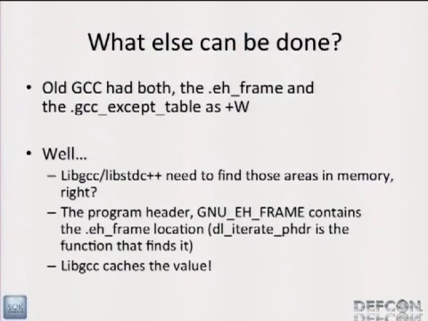So assuming that we have an overflow and we manage to overwrite a random value in memory, we can actually overwrite a cache that GCC makes. GCC makes this cache because, as Sergey mentioned, compilers try to speed things up, right? They try to do everything really fast. So there is a cache for the location of this area in memory.